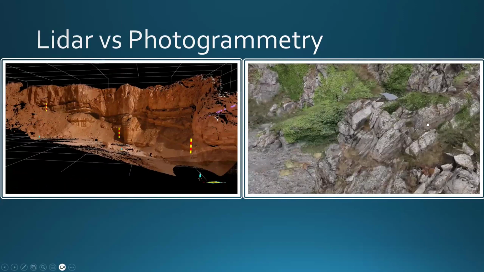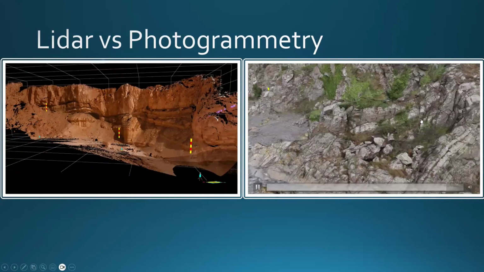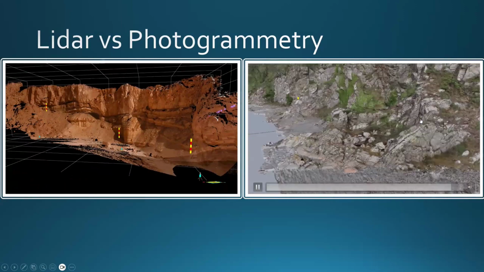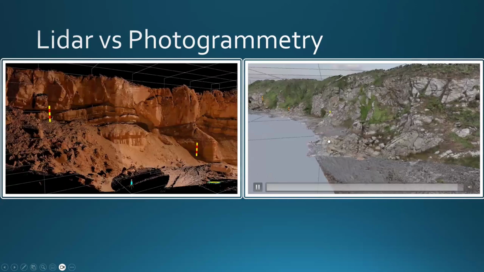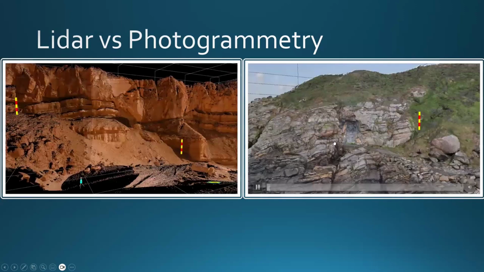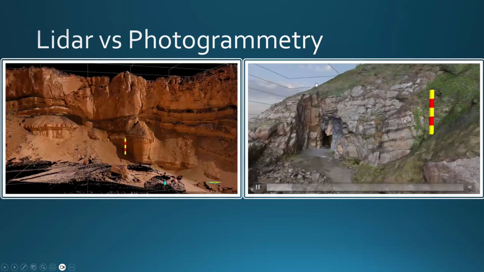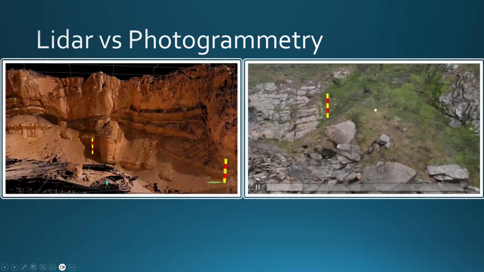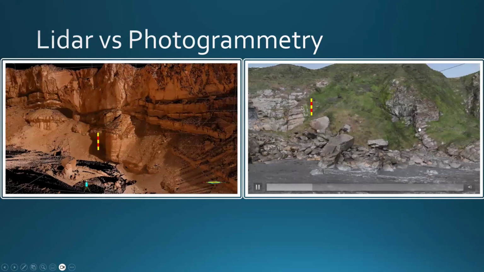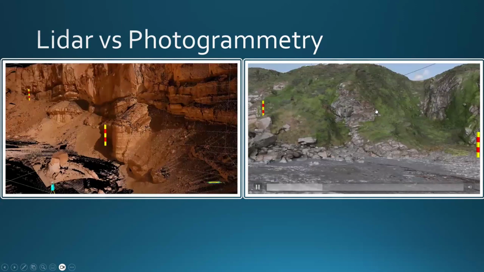The outcrop model that you see here, I collected just with a digital camera and a handheld GPS. And that's all the field equipment that I needed. You take it back, you can process it and generate a nice 3D model. So it's really cheap and very easy to do, but the downside of working with photogrammetric data like this is that you don't always know the accuracy of the resulting model.